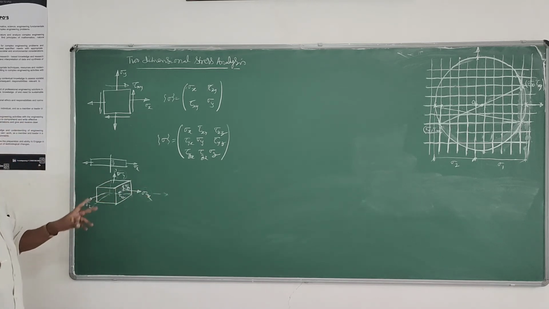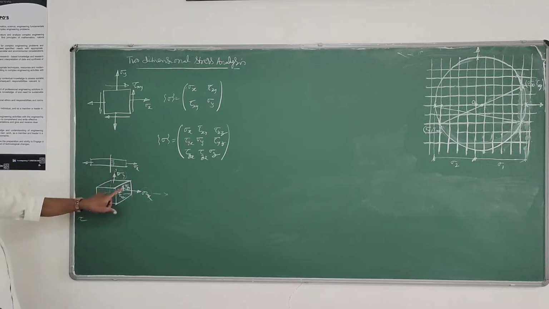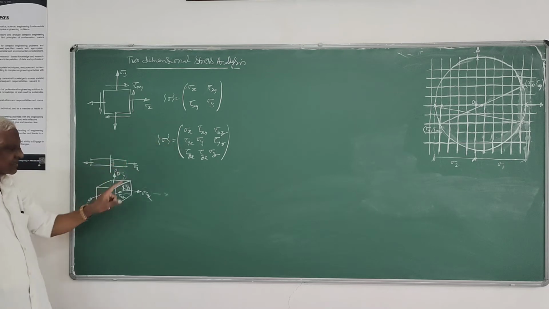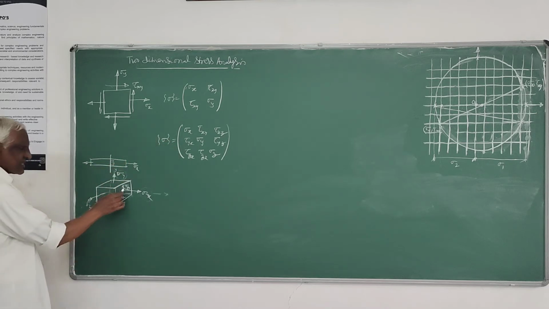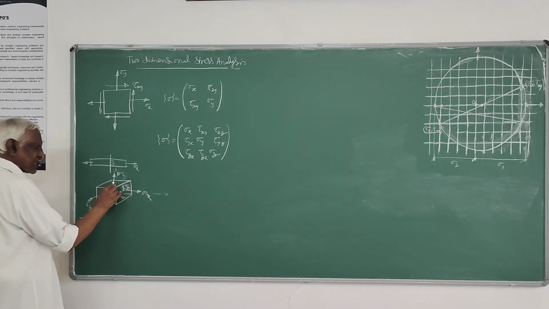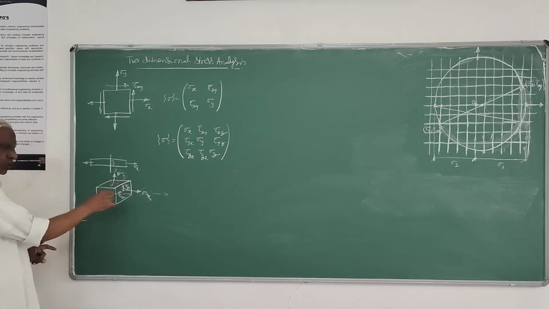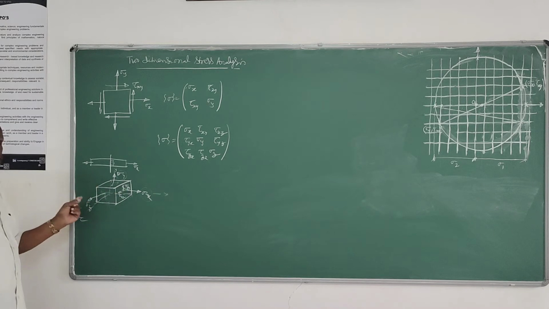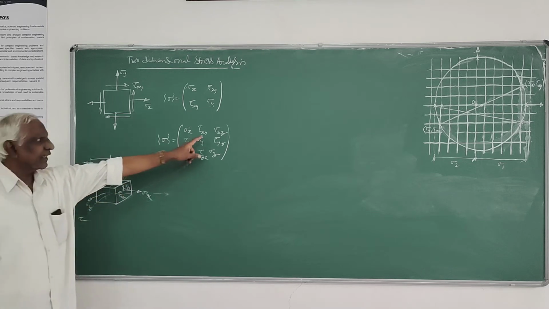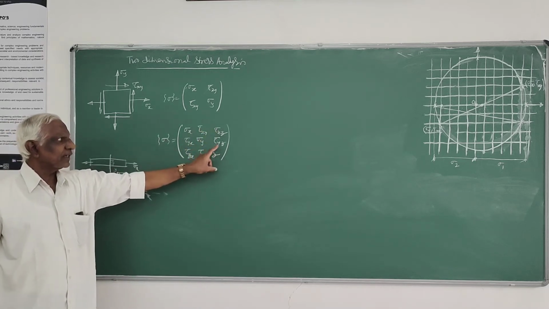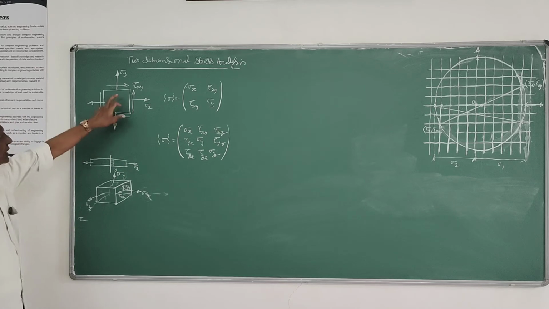Of course, three-dimensional stress analysis is not needed here, you can forget it. In the three-dimensional stress analysis, we have three normal stresses and two shear stresses along each direction. Out of these two shear stresses, one is complementary to the other. So out of 6 shear stresses, it will reduce to 3: tau xy, tau xz, tau yz.